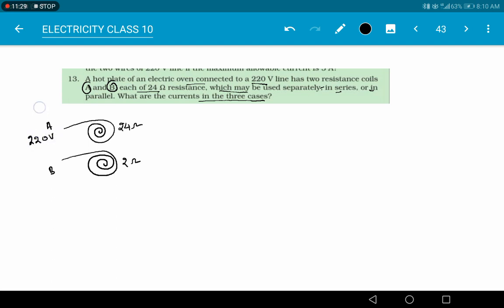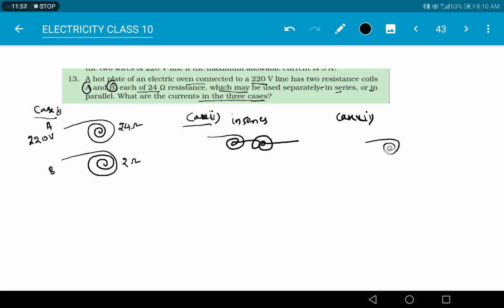In case 1, they are connecting the coils separately. One time A is connected, next time B is connected. In case 2, they connected them in series, and in case 3, they connected them in parallel.